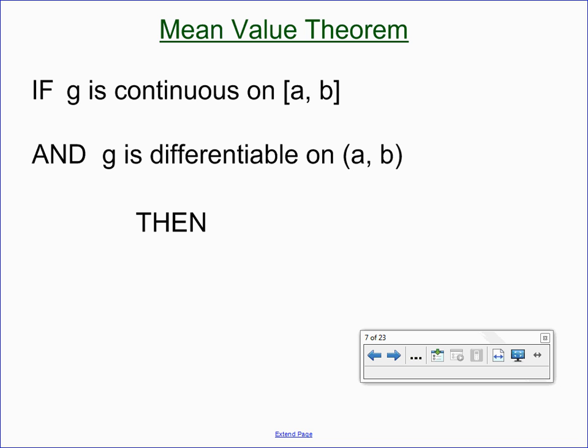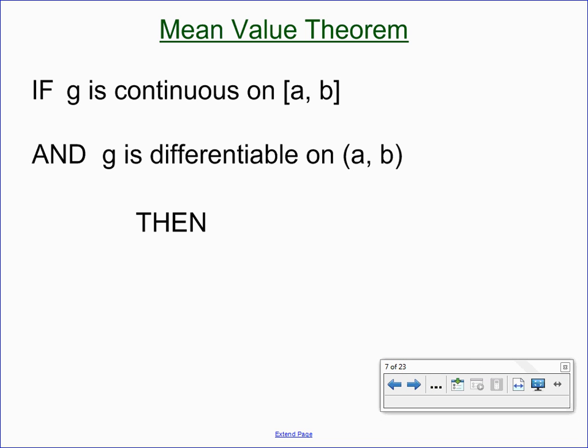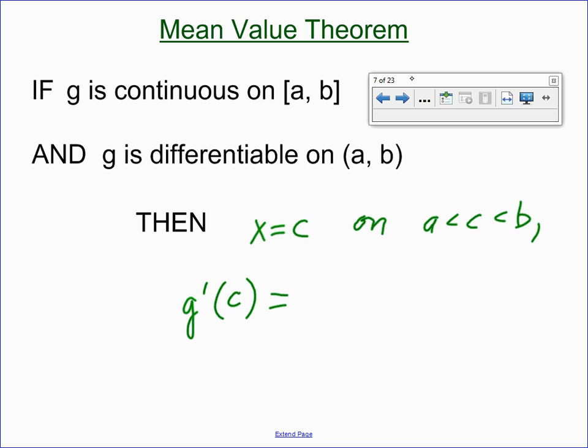So if g is continuous on a to b, and g is differentiable in between a and b, then we can find some c value, x equals c, with c in between a and b, such that the instantaneous rate of change of g, that is the slope of the tangent line geometrically, is equal to the average rate of change over the entire interval a to b, that is the slope of the secant line: g of b minus g of a all over b minus a.